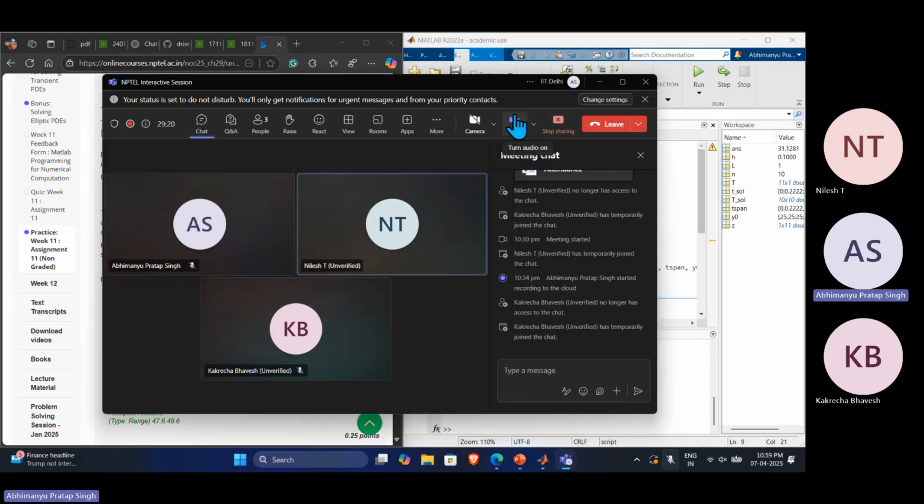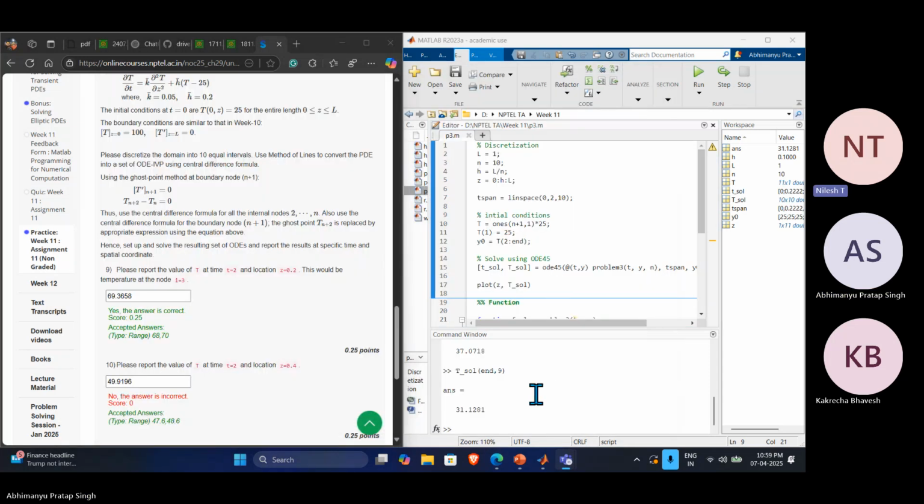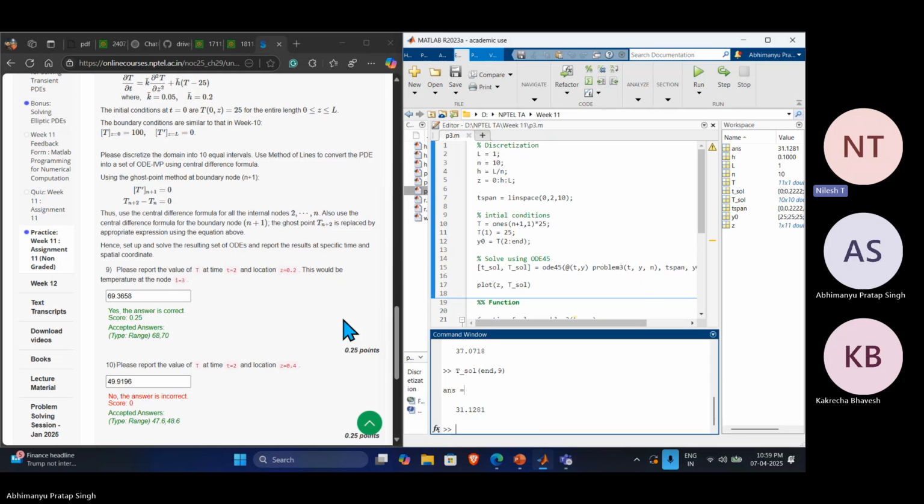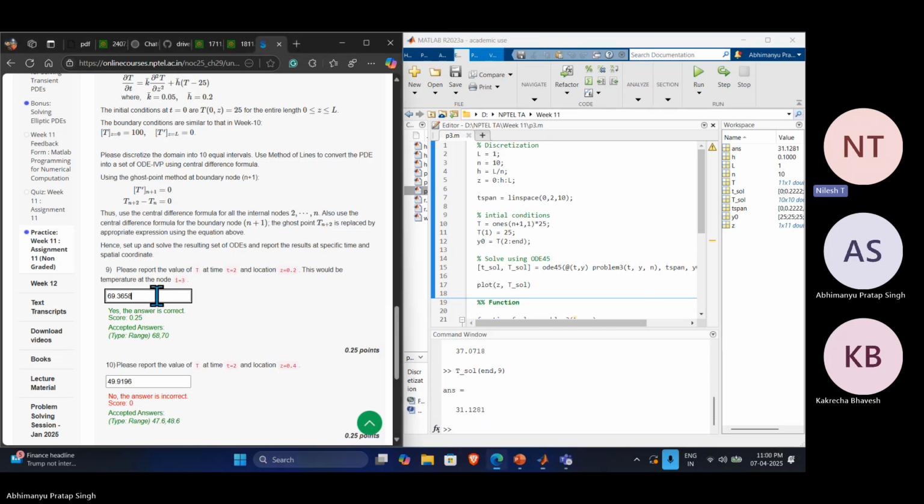Just a minute. Yeah, Nilesh, what were you saying? I'm saying that for this example, I got an answer at 0.2, 80 degrees Celsius, 80 point something. I don't know why.